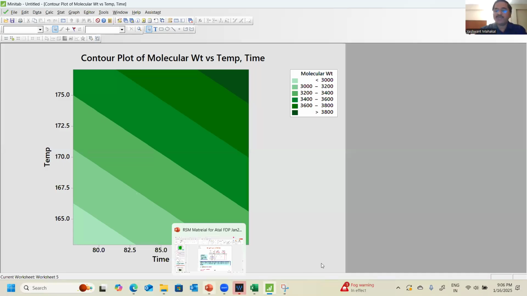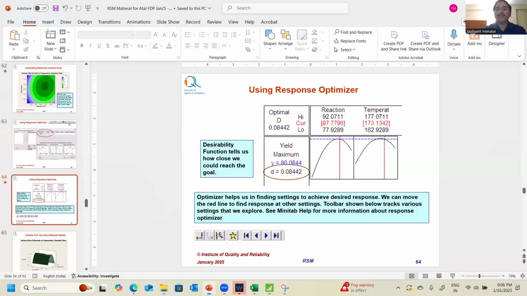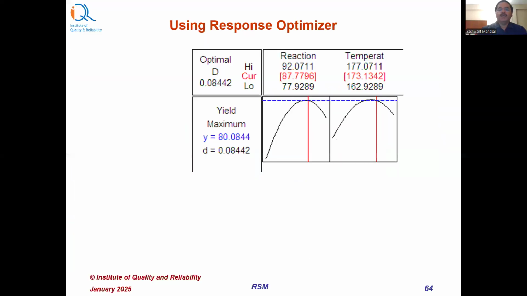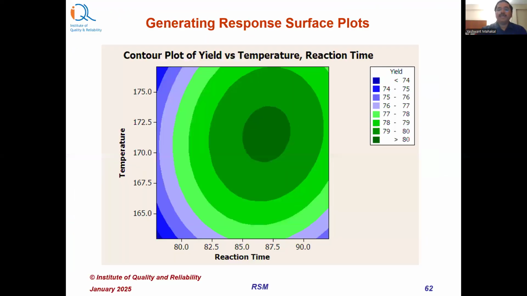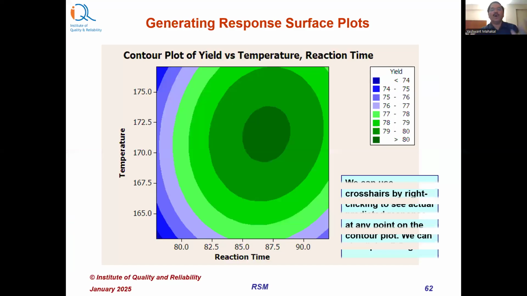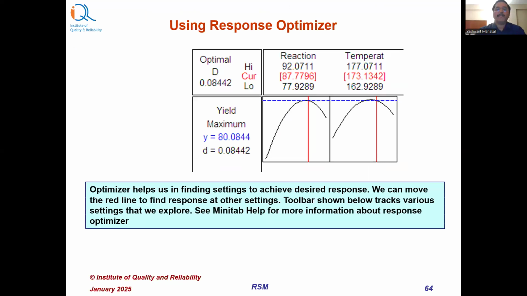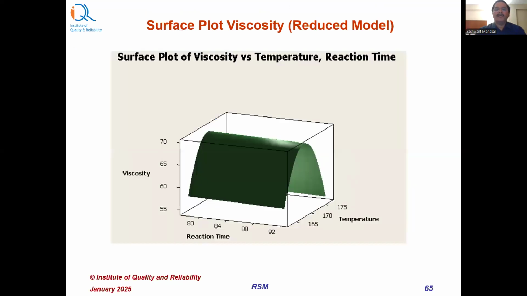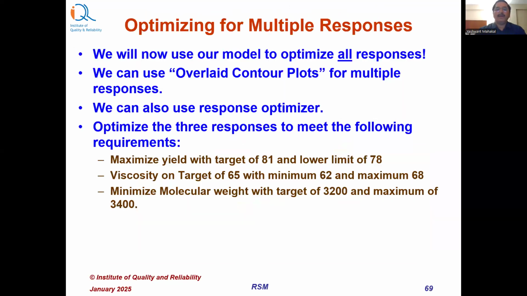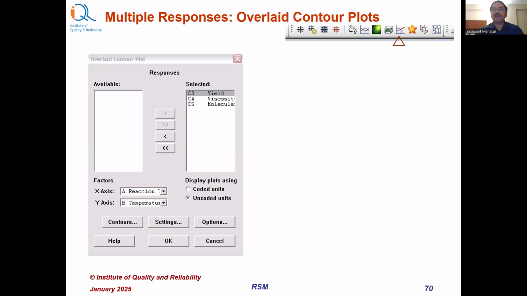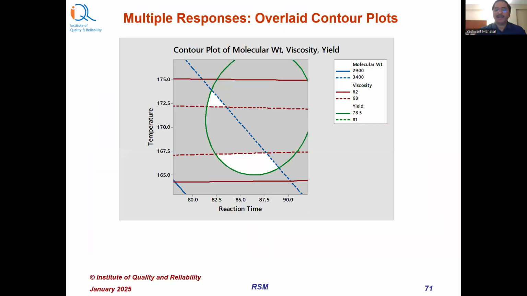Now what we need to do is the optimization. Optimization I can do for all 3 together, or only for yield. Multiple responses also I can, and I'll show you that directly.